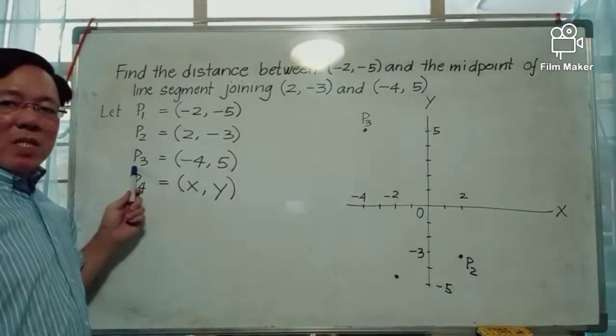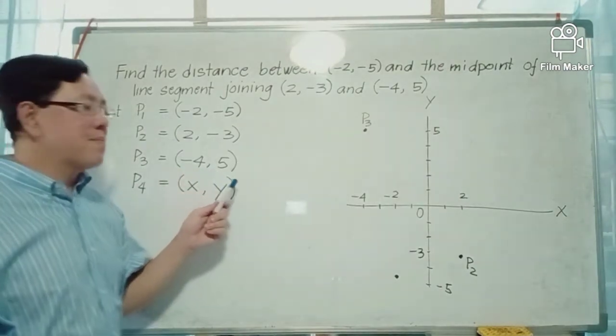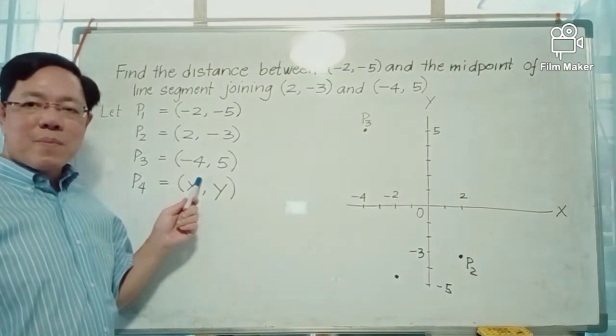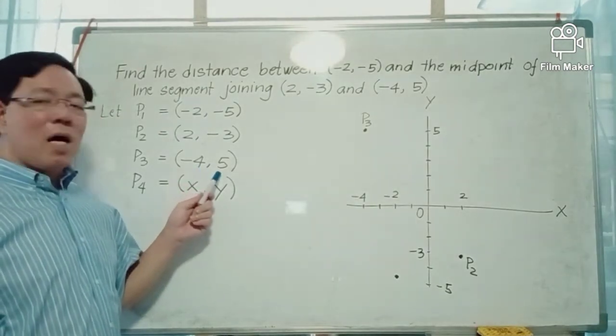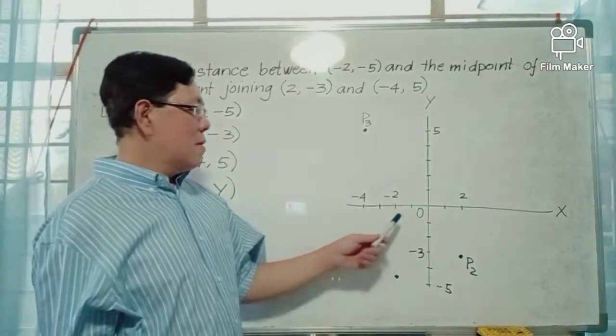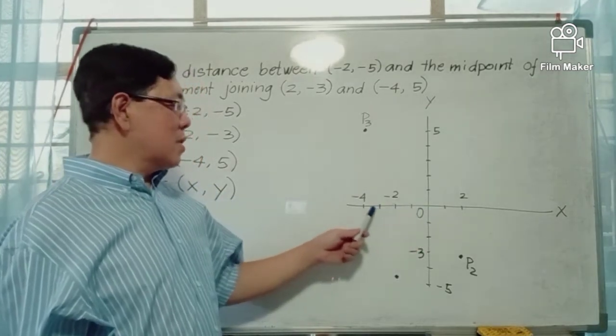The second endpoint of the line segment has coordinates (-4, 5). That means you count 4 units to the left from the origin, and from there you count 5 units upward in the positive y-axis. So from the origin, we count 4 units to the left, 1, 2, 3, 4.